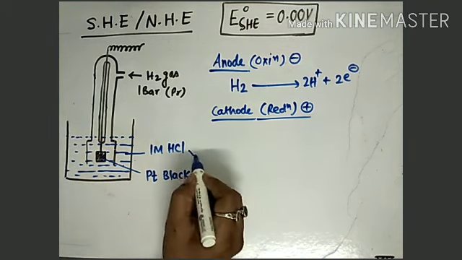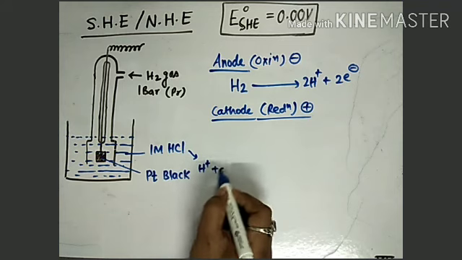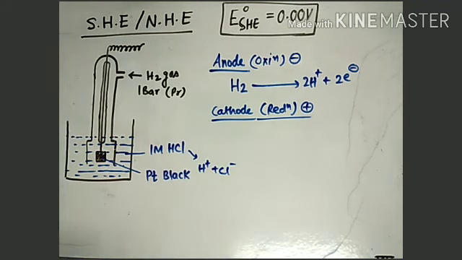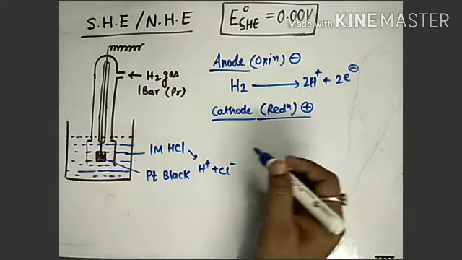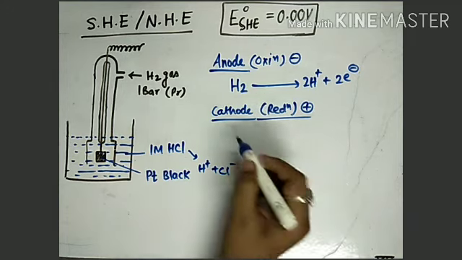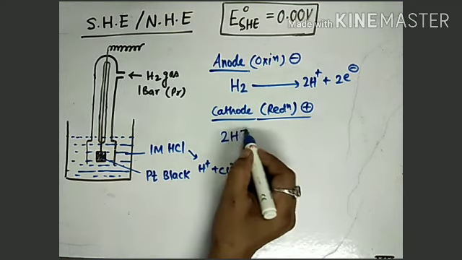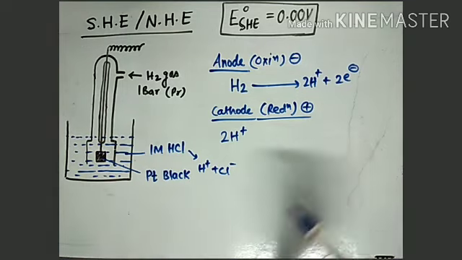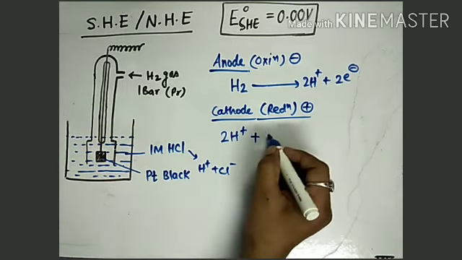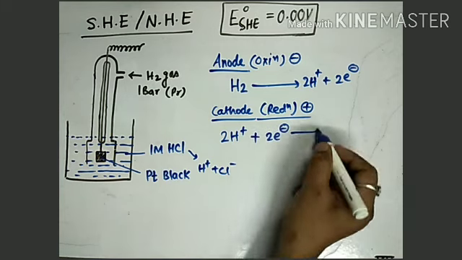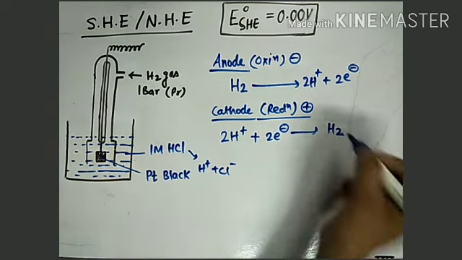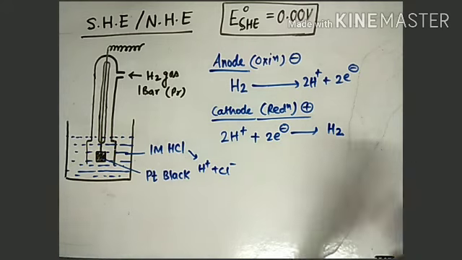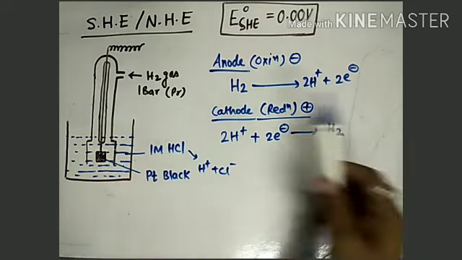So this reaction is reversed: 2H plus gain 2 electrons to become hydrogen. So these two reactions are taking place at the electrode.